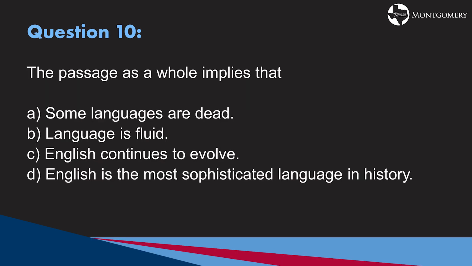The passage as a whole implies that A, some languages are dead, B, language is fluid, C, English continues to evolve, or D, English is the most sophisticated language in history.